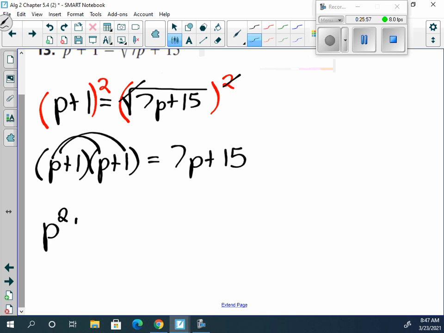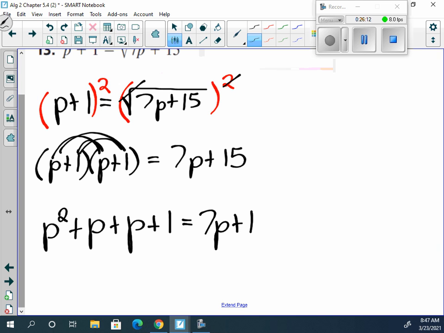P times 1 is going to be plus p. 1 times p is going to be plus p. And 1 times 1 is going to be 1. Any questions on how we multiplied this out?